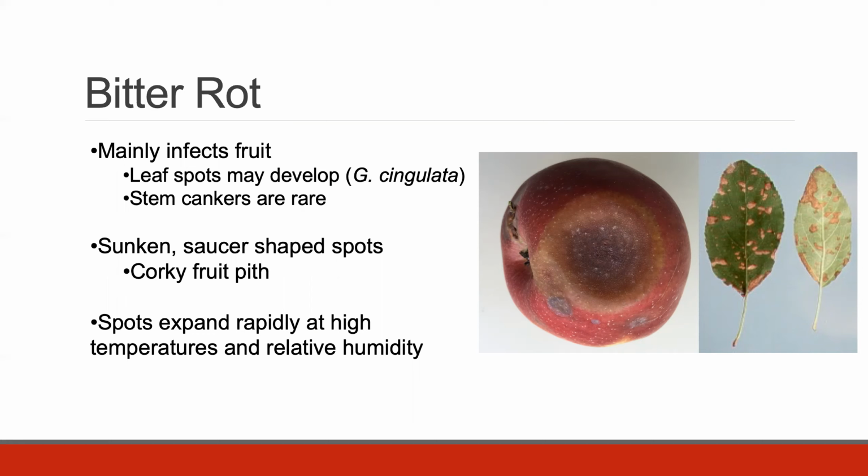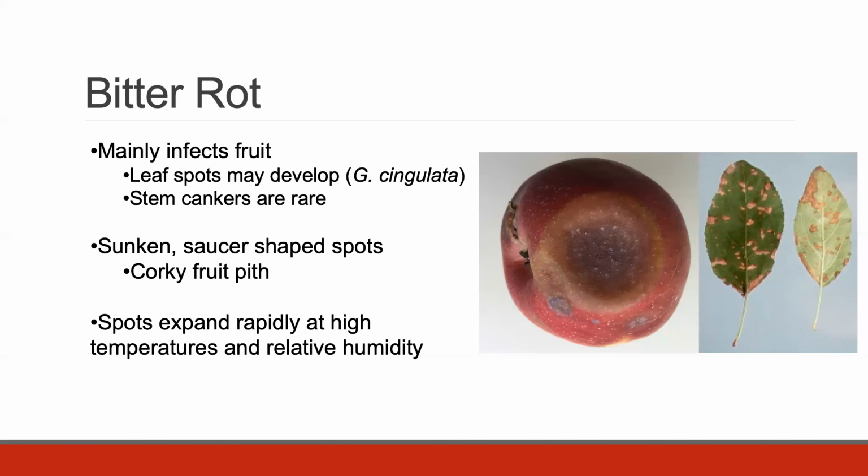Spots can expand and cover the entire fruit very quickly, especially when conditions are hot and humid. In addition, more than one lesion can form on a single fruit, and symptoms on the fruit manifest initially as sunken circular lesions, as can be seen here, with concentric rings.